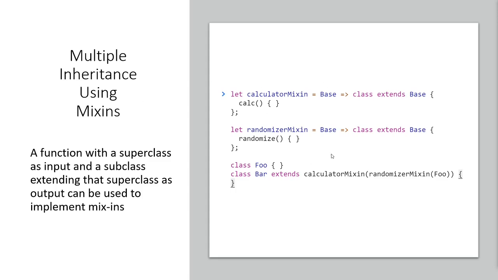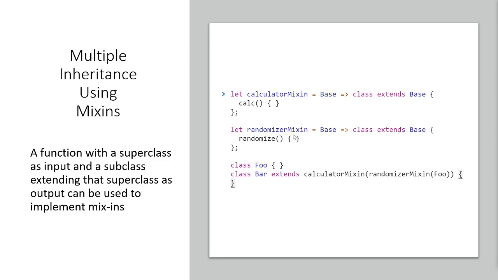So here in this example we can see that Bar extends this particular class, and then there is another class which we have written over here. What we are doing is passing the Foo class to the randomizer mixin, and it effectively means that we are doing randomizer mixin extends Foo.